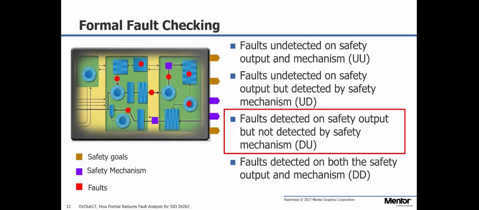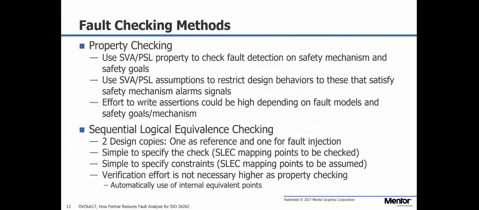So how can you write or put checkers for that? There are two ways to do this. One is property checking, which is an assertion-based approach. You have to write assertions that model how the fault can be detected on the safety mechanism and in the safety goals.